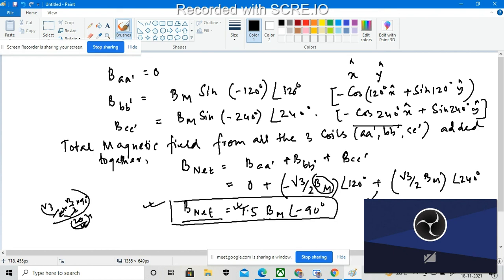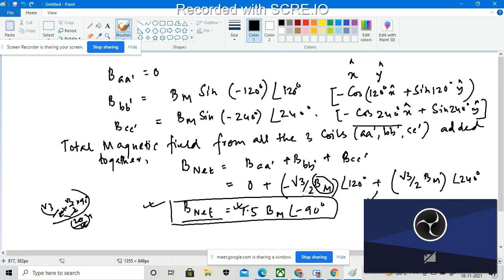First you have to think in your brain how from there it will come like this. It is purely the trigonometrical aspect, purely mathematics, not more than that.